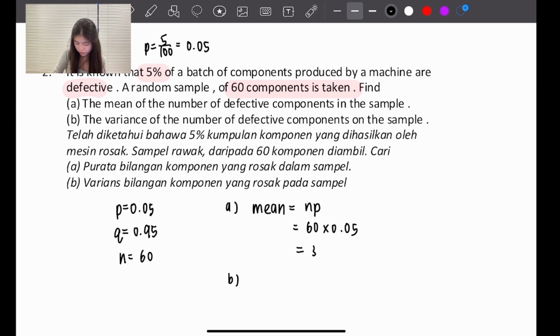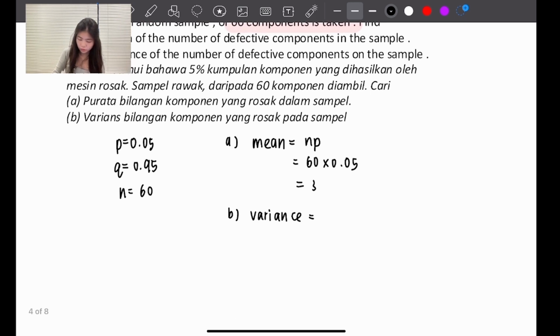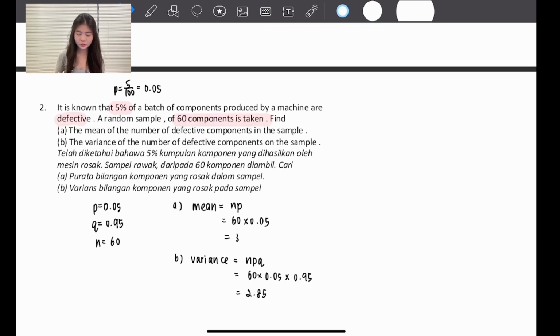And for the second, the variance, we use the formula npq, so 60 times 0.05 times 0.95. The answer will be 2.85. So this is a part of the binomial distribution. That's all for today. See you next time.